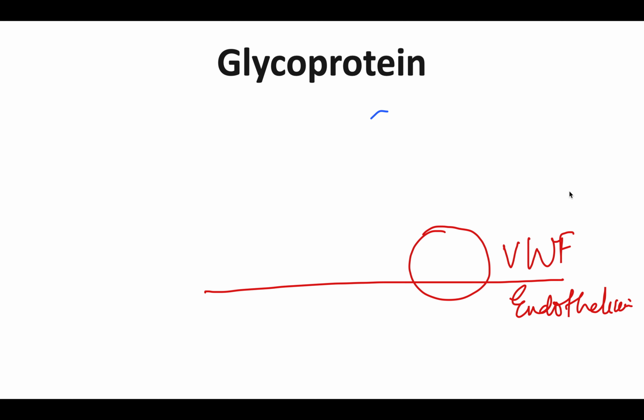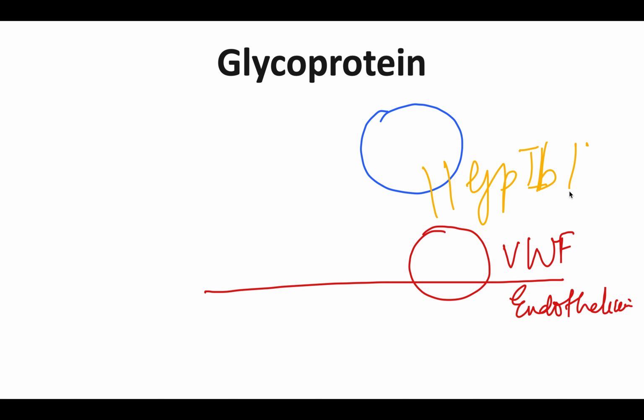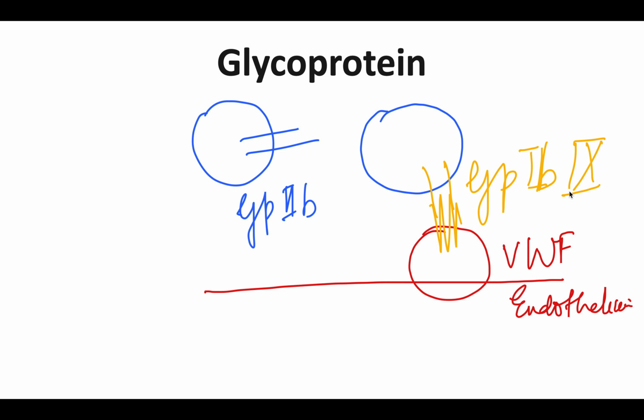Then you have a platelet, which has a glycoprotein known as glycoprotein 1b9. This adheres to the von Willebrand factor. Then you have another platelet in which there is glycoprotein 2b3a, and here also glycoprotein 2b3a is there. They adhere to each other. If this adherence doesn't take place, there will be bleeding.